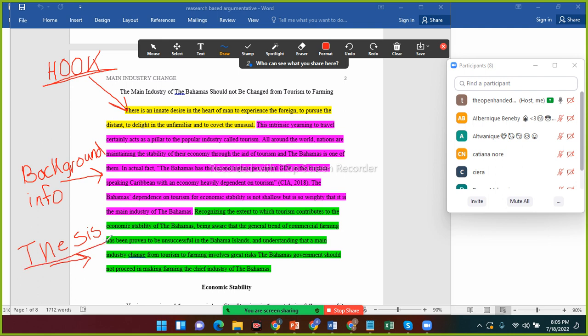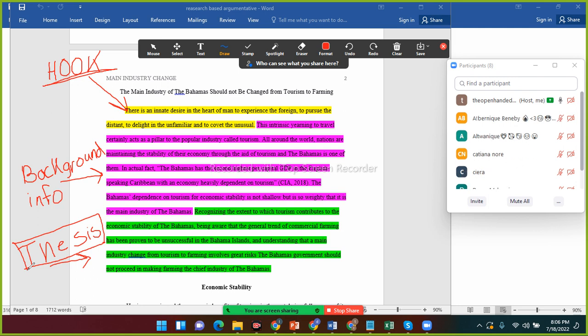And your thesis. Can anyone tell me what our thesis does? What does a thesis do? Anyone, especially those who were here last week. The thesis helps to tell the reader what your essay will be about, the three main points of your essay.